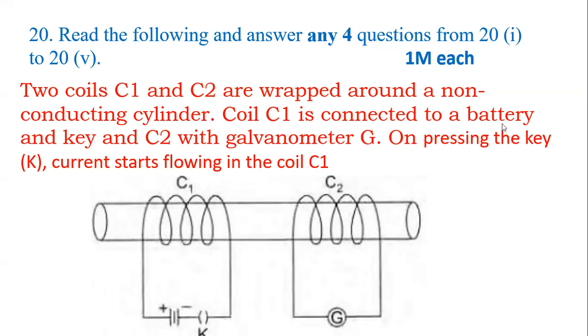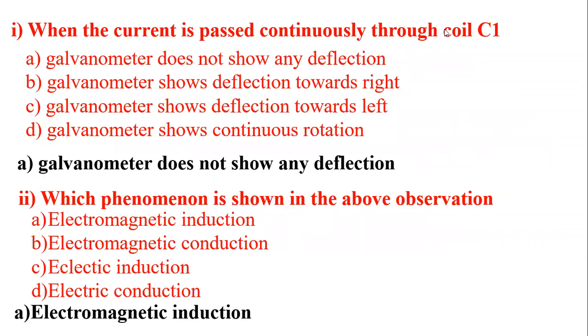Coil C1 is connected to the battery and key, and C2 with the galvanometer G. On pressing the key, current starts flowing in coil 1. You can see the galvanometer is connected here and there is a key which is pressed, meaning the switch is on, and current is flowing through it. The galvanometer reading is showing. Then we'll see which type of questions are there under this.